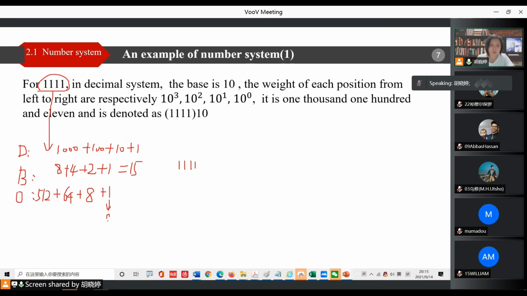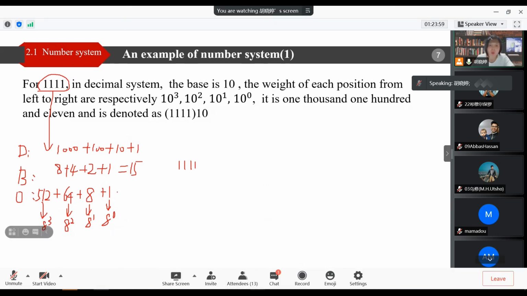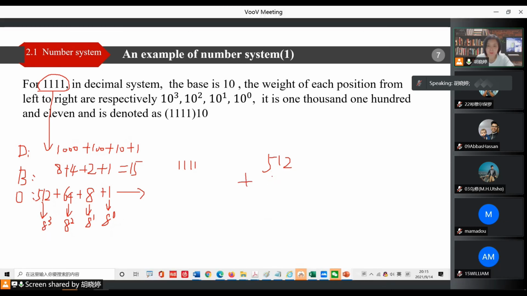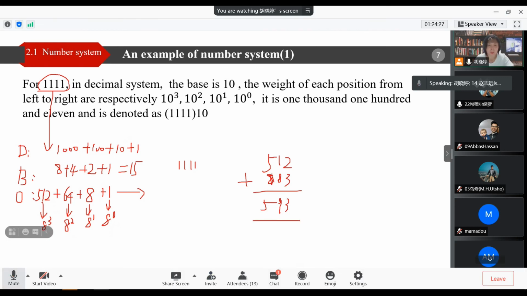So 1111 in the octal system represents 512 plus 64 plus 8 plus 1.